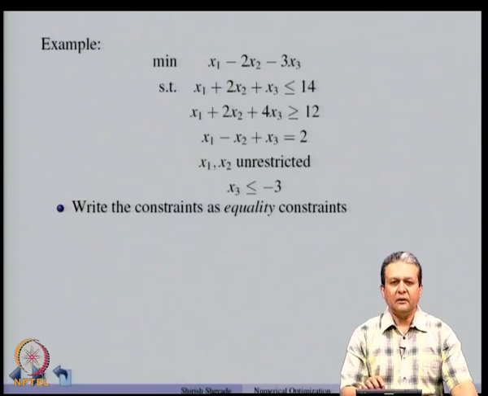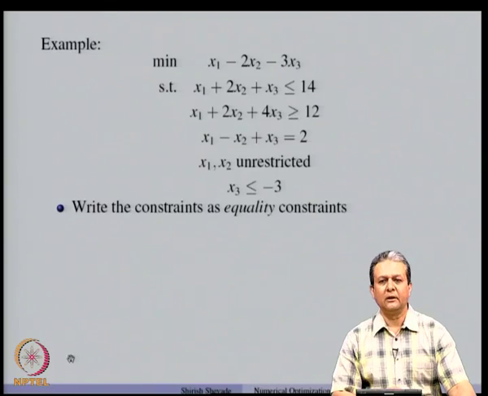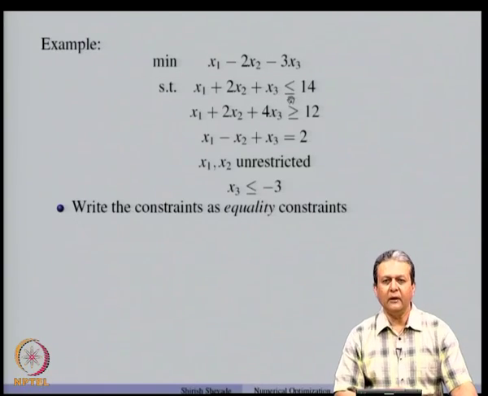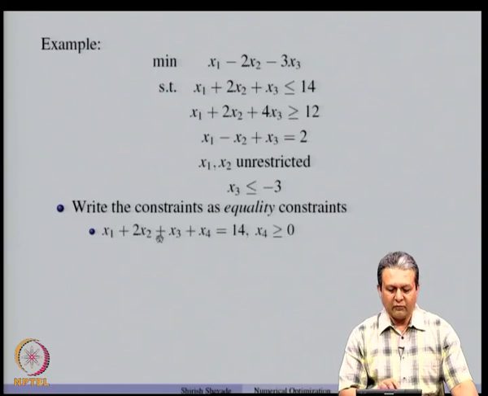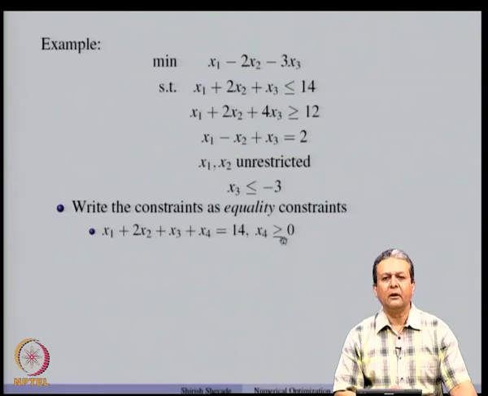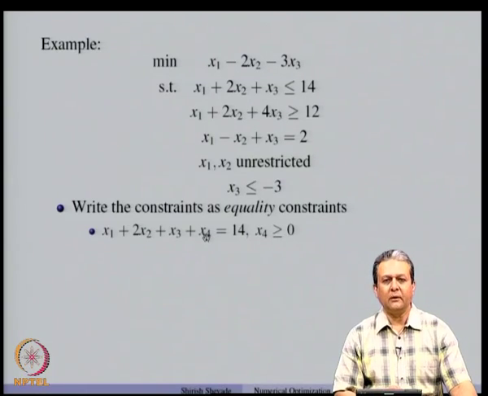Let us first write the constraints as equality constraints by introduction of slack or surplus variables depending upon the case. If we take the first constraint, then we have to add a slack variable to make it an equality constraint. So, x1 plus 2 x2 plus x3 plus x4 is equal to 14, where x4 is non-negative. So, x4 is a slack variable.